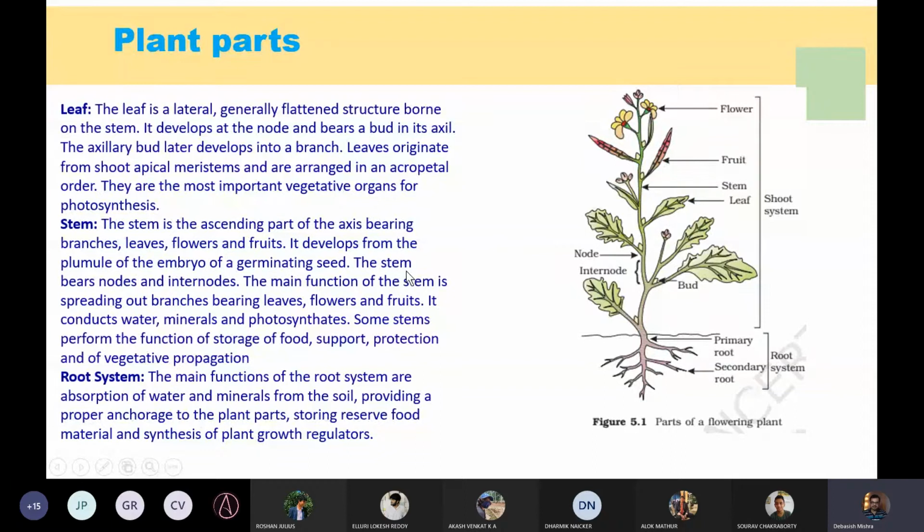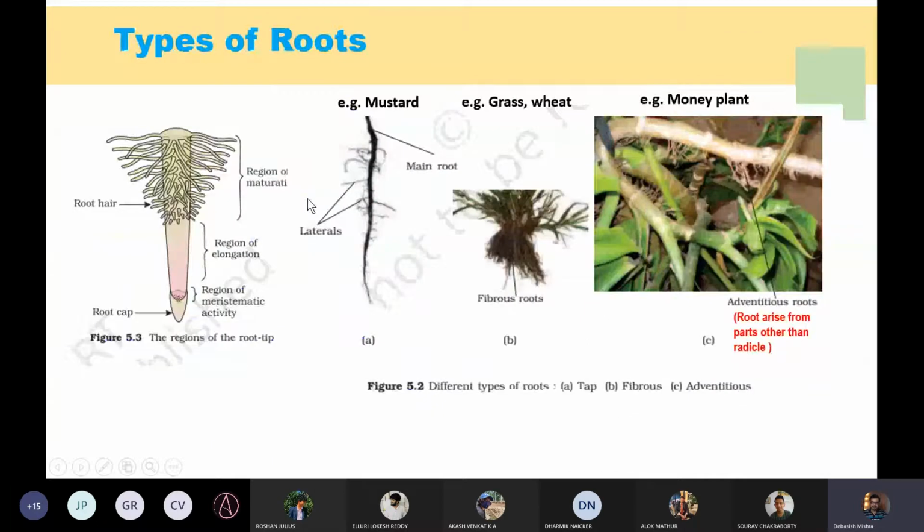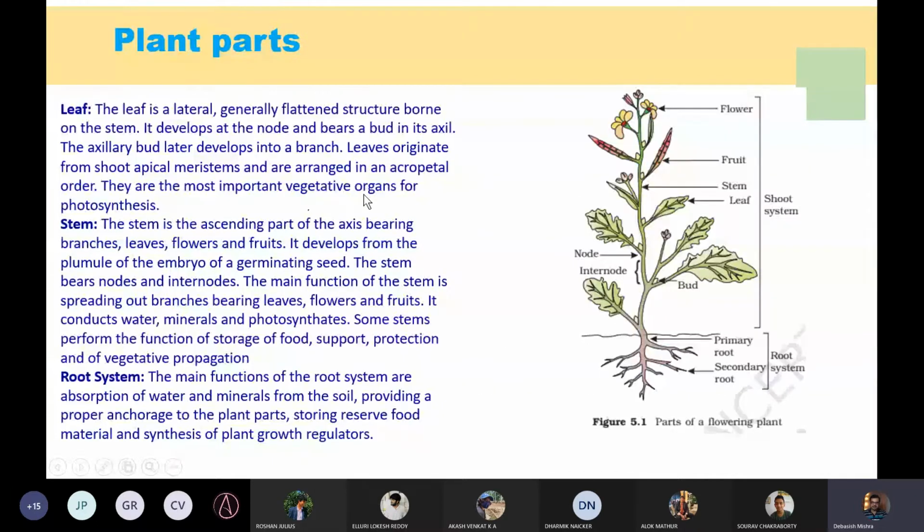So we were discussing the plant parts and systems.